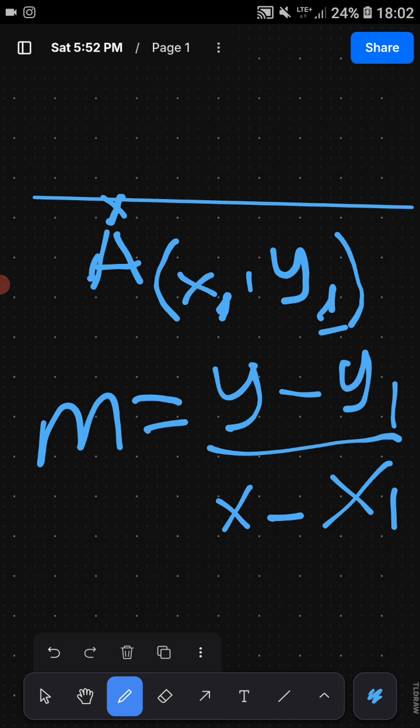Let's say we are given a line and a point with coordinates x1 and y1 as an arbitrary point on that line.